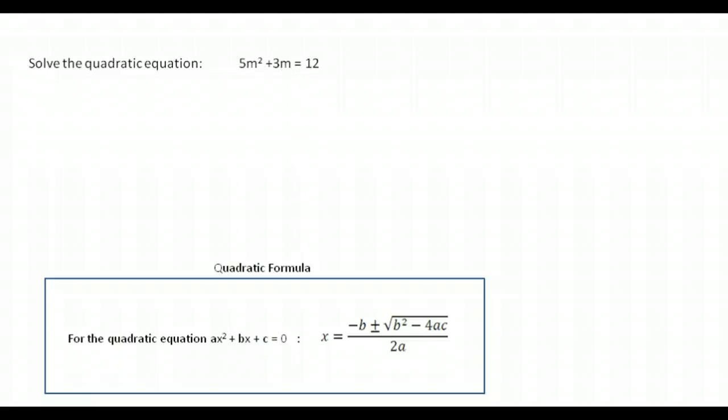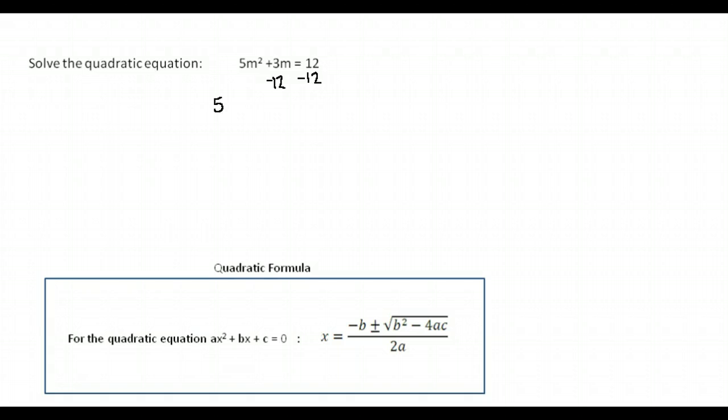Okay, here is another example. Again, we start the same way, and we notice that we have an m and an m squared, so we know we're going to try to factor, and if factoring doesn't work, use the quadratic formula. Our first step is to make sure that the equation is set equal to 0.